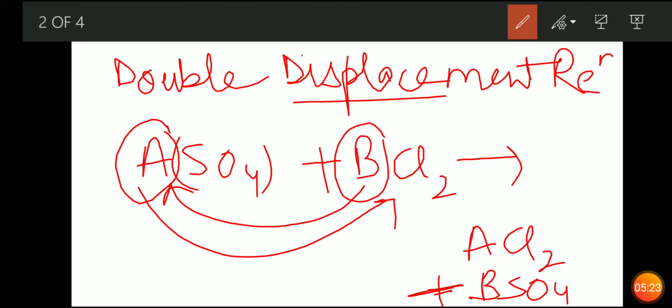Fine. It is known as double displacement. Means the metal part in both the reactants are interchanging their place and forming new products. It is known as double displacement reaction.